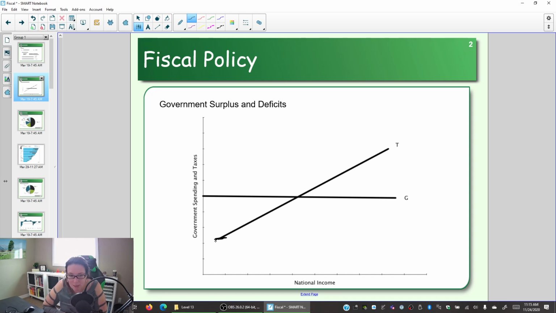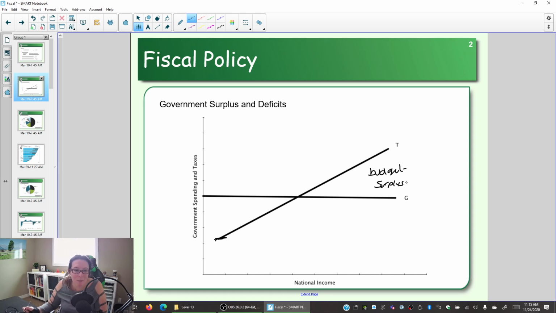We can see, though, at higher levels of income that tax revenue is more than government spending, in which case at higher levels of income, when our economy is bigger, booming, what tends to happen? We are more likely to have a budget surplus.